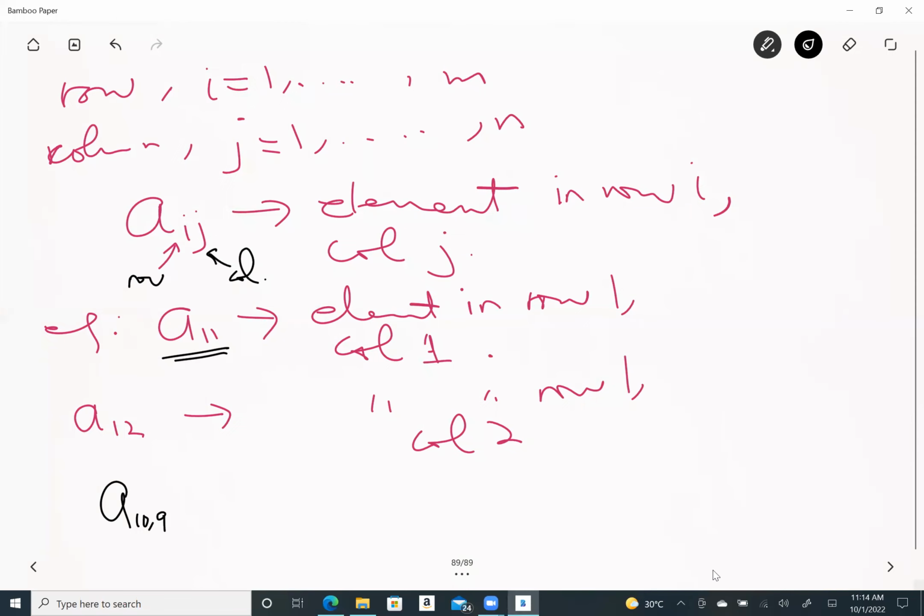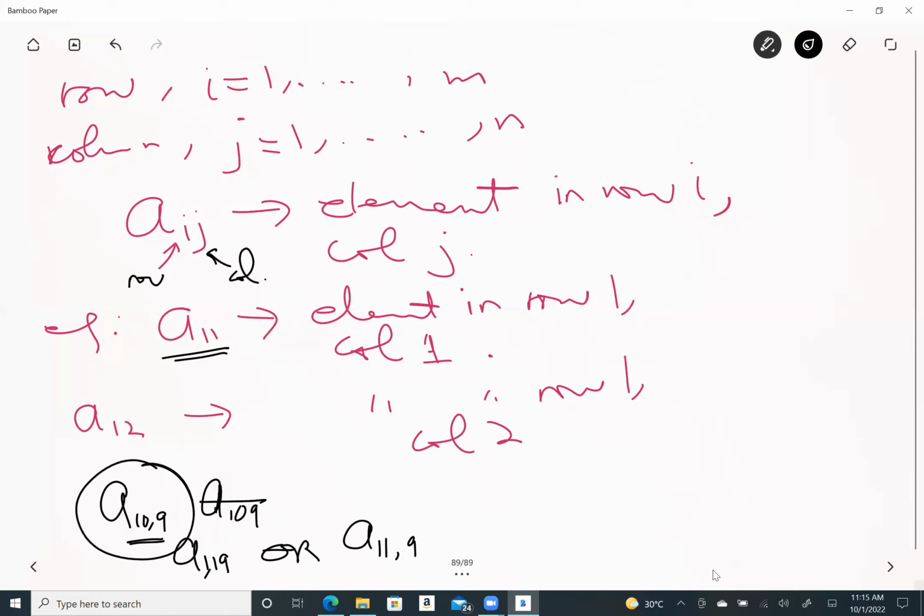So if it is too big a number, because if I just put A109, or maybe A119, and I don't put a comma, that can be what? That can be row number 1, column 19. Or it can be A11, column 9. So if the numbers are big, involving 2 digits, we put a comma.